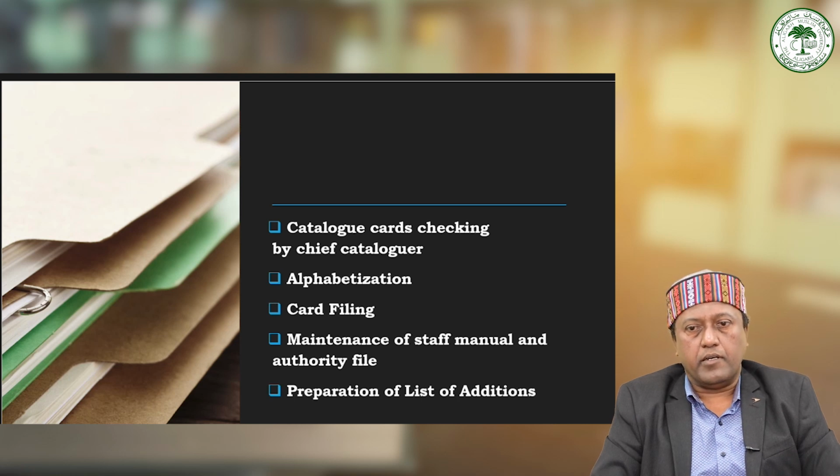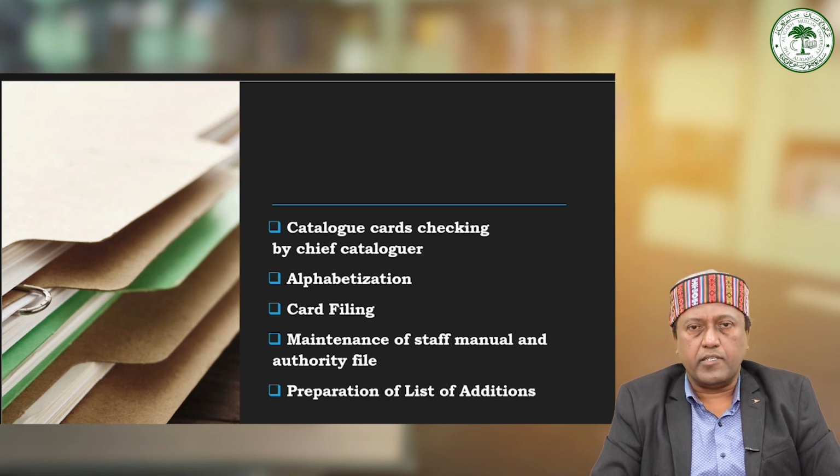For the various types of entries, it is essential to determine the sequence in which the cards are filed. This decision involves considering whether cards should be arranged by author, title, other collaborators, series, etc., or by subject, author, other collaborators, title, series. That is to be decided, how you are going to arrange it.